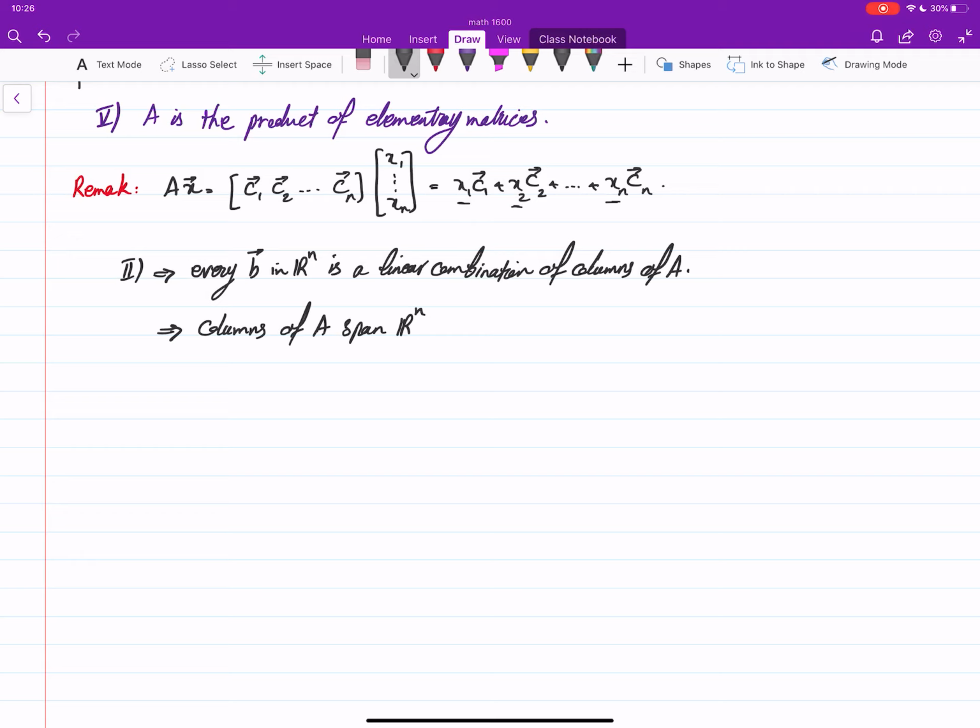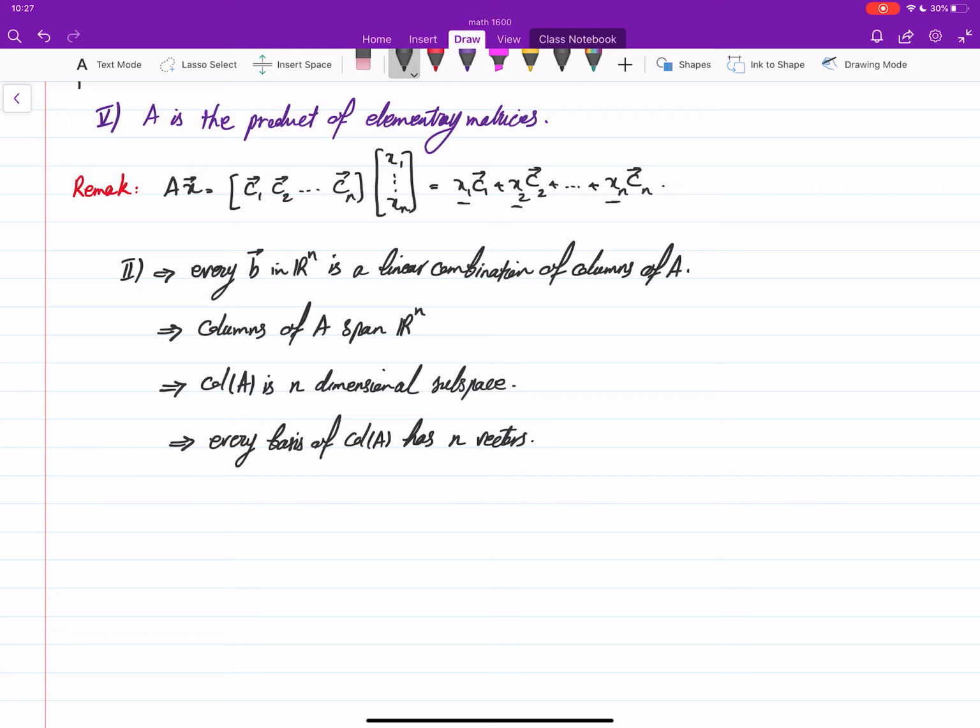And this means that the column space of A, which is Rn, as we already know, is an n-dimensional subspace. As a result of that, if the subspace is n-dimensional, every basis of the column space of A has n vectors.